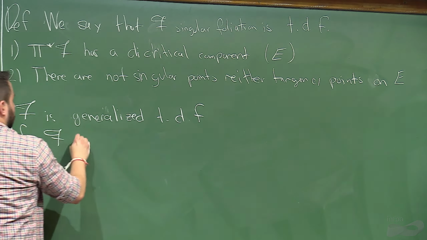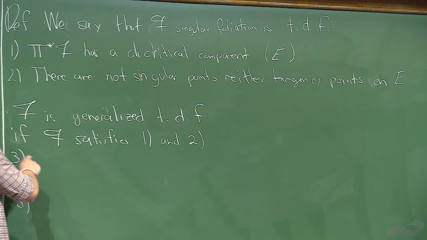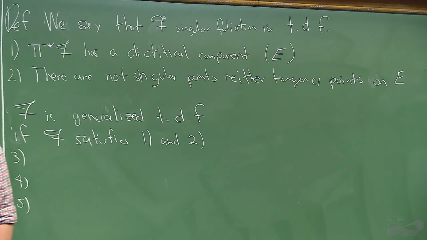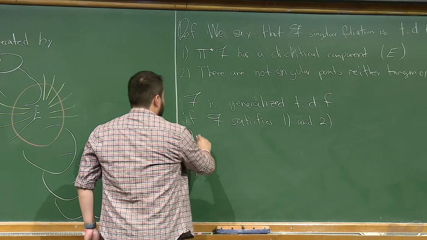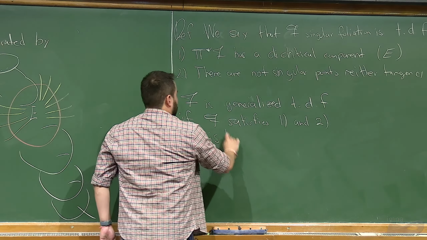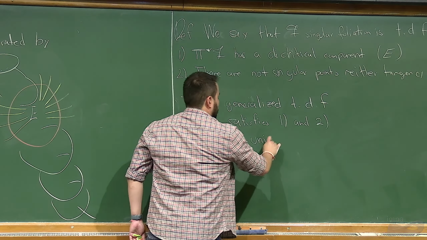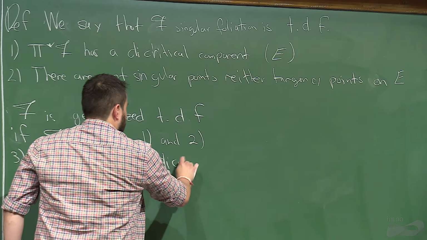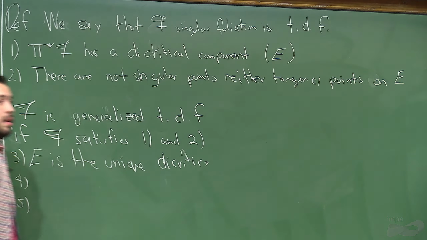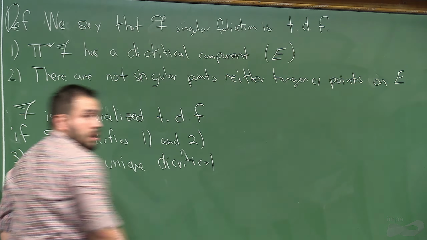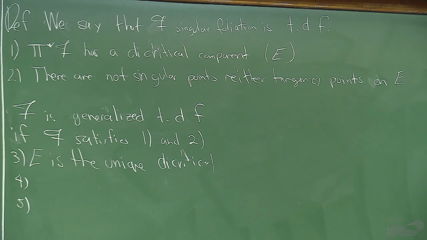So 3 is the unique dicritical component. Is the unique, I don't have time.